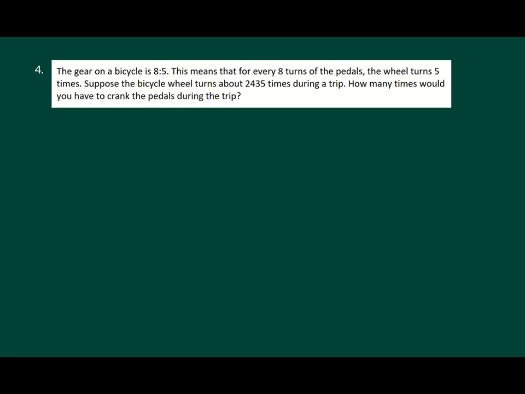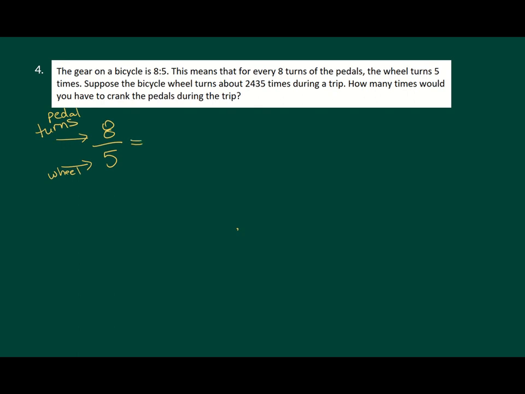Well, we know that it's an 8 to 5 ratio, so I can also write it like this, 8 to 5. That means for every 8 turns, so I'm going to write turns over here so you know they go in the numerator, these are pedal turns, and the wheel turns 5 times.